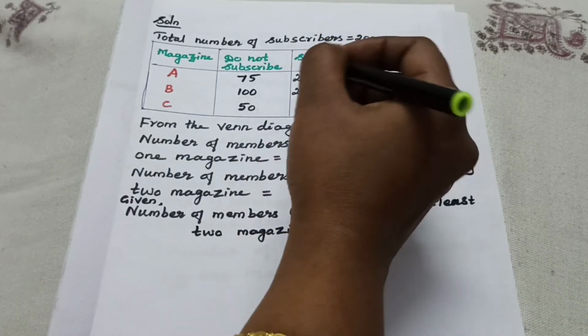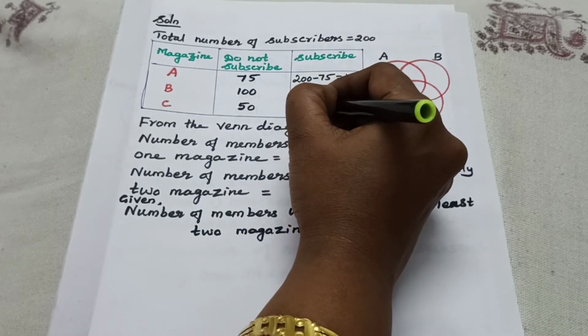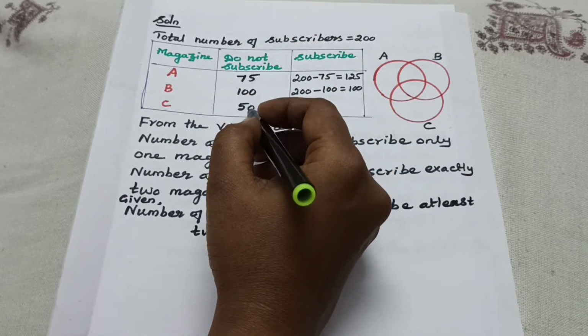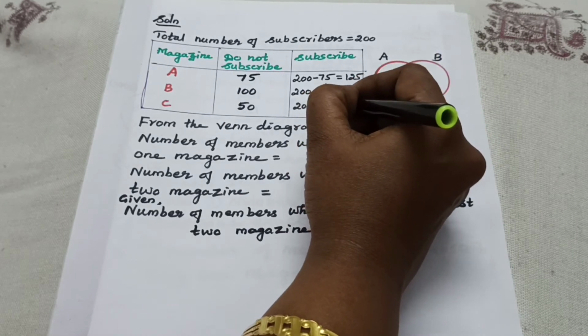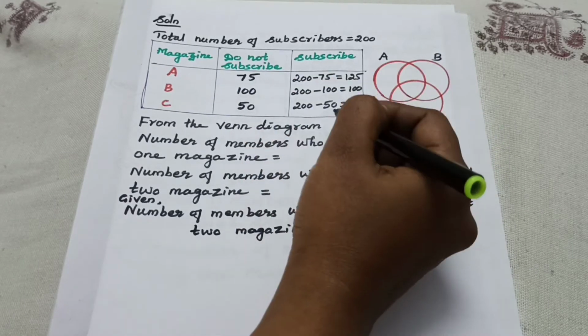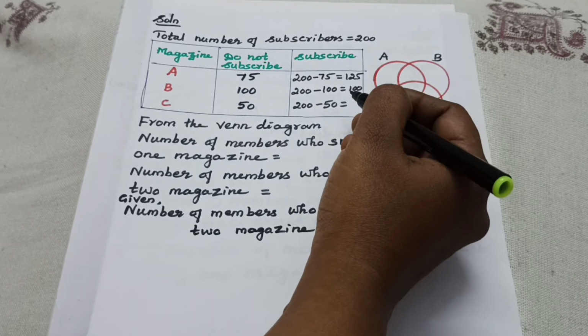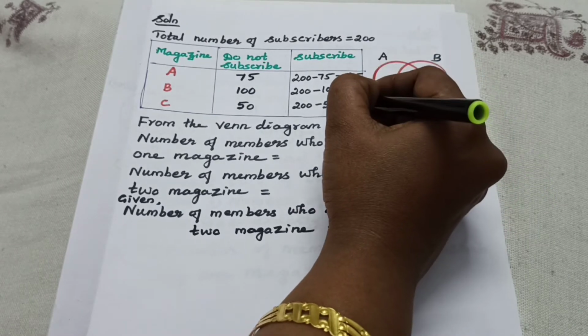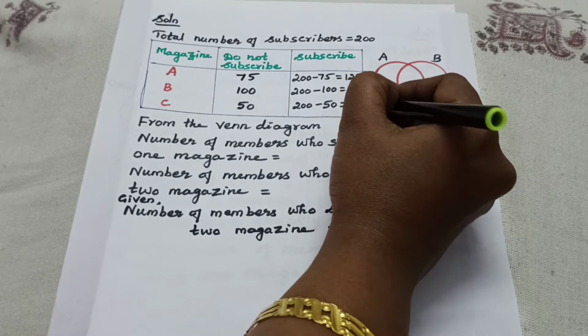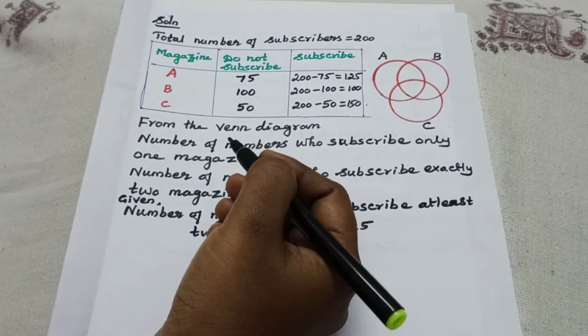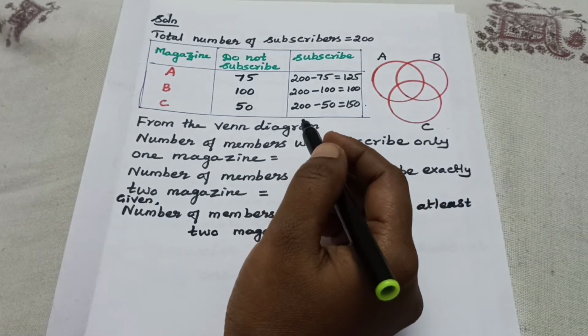Then total 200 minus those who do not subscribe C, 50, subtract, then we will get 150. All understood?